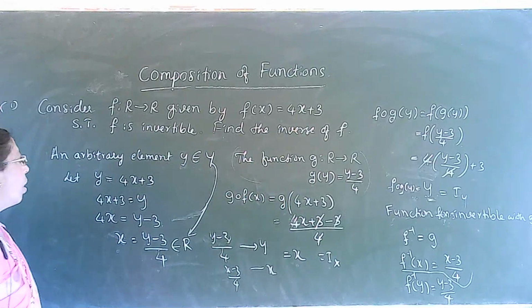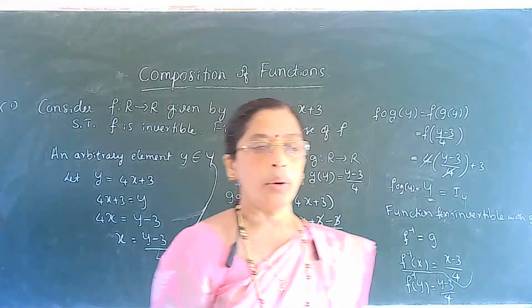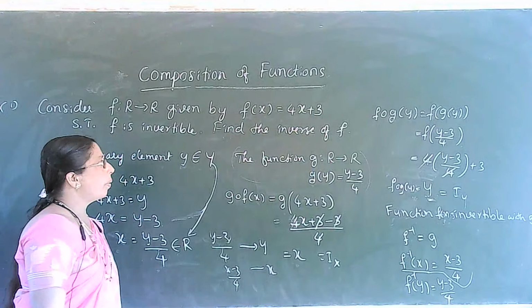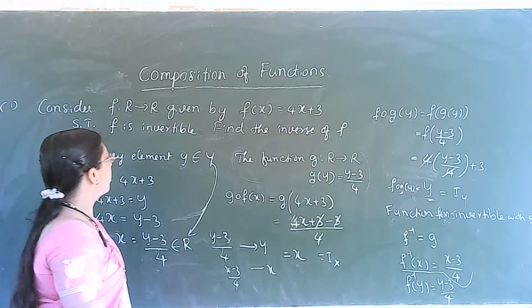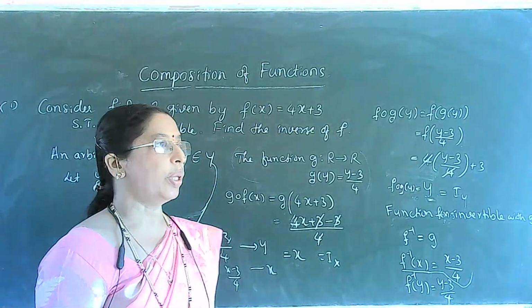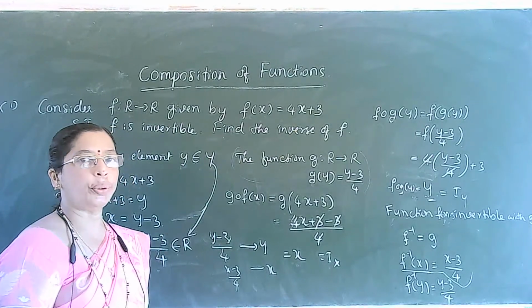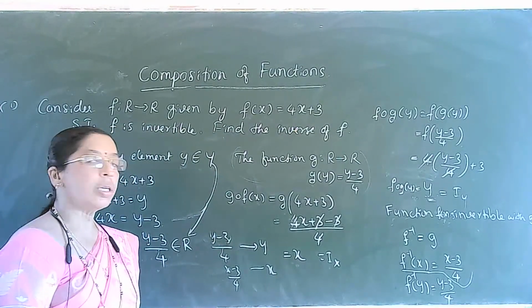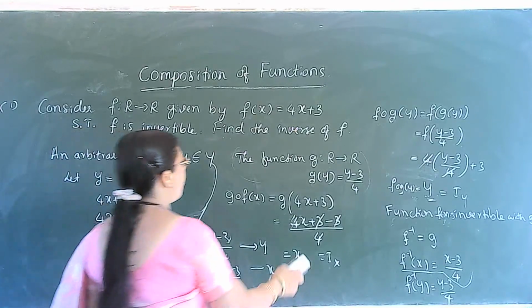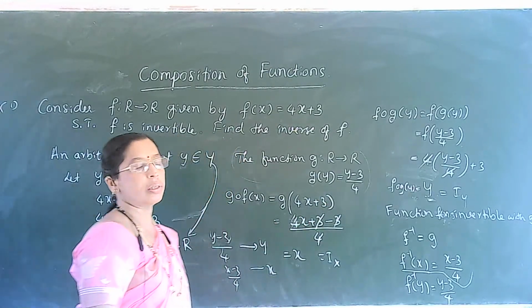It's one method. Another, alternate method is also there. In that method, you first prove the function is one-one and onto. Then it's invertible. Then we find g of y minus 3 divided by 4 is equal to x.